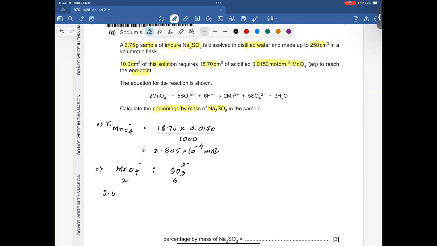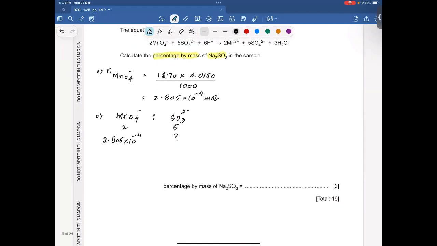When we have 2.805 into 10 to the power minus 4, so the moles of sulfite ions is going to be 7.0125 into 10 to the power minus 4 moles.